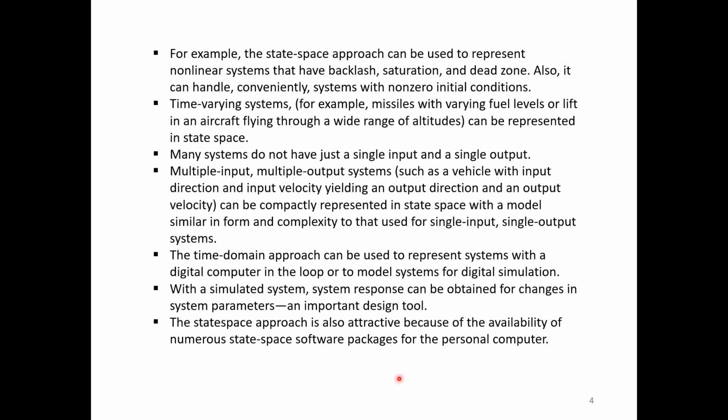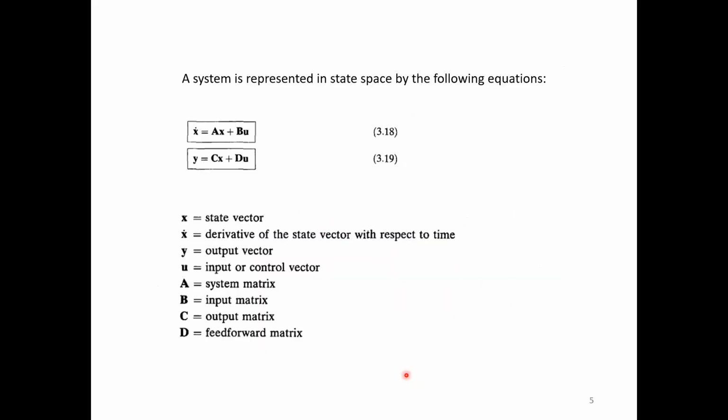Now let's move on to the state space representation. A system is represented in state space by the following equations. For getting the state space equation, we have to consider these two.